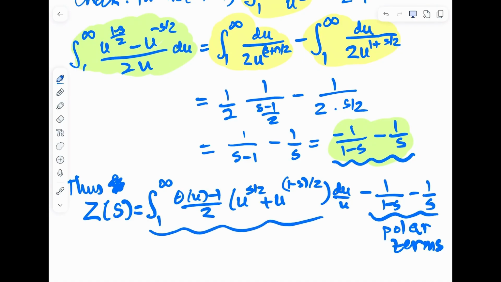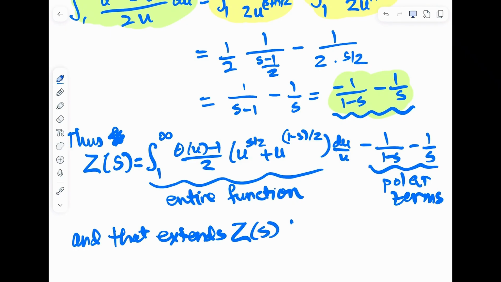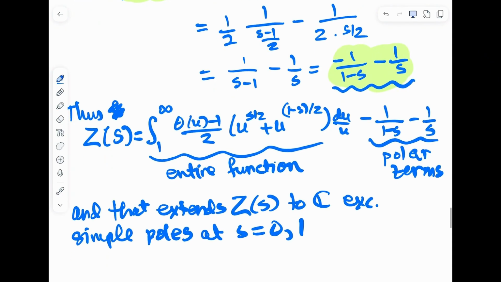And this is already an entire function. And so that extends the completed zeta function to the whole complex plane. Except we have simple poles at 0 and 1. And if you look at those parts, s equals 0, you have your pole, you have your minus 1 over s.